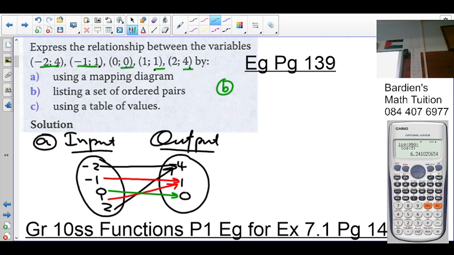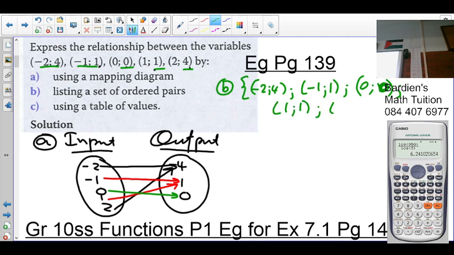So your answer would simply be the listing: -2 and 4, -1 and 1, 0 and 0, 1 and 1, and 2 and 4. You all okay with that?